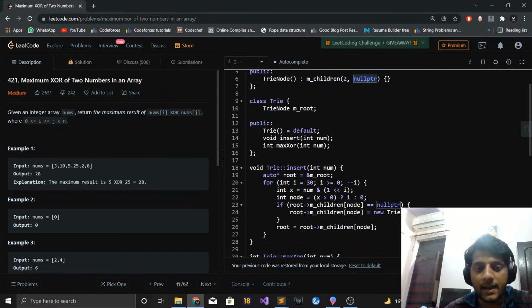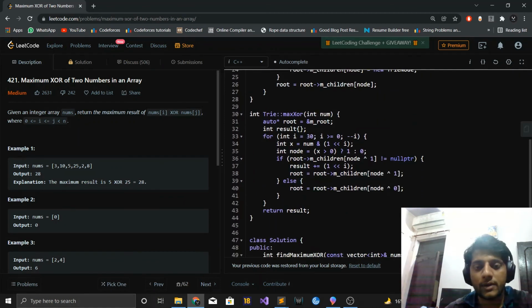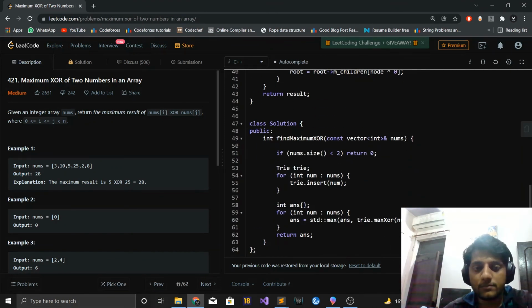And this is the trie class, so it has functions like insert and maximum XOR. Insert will insert the number in the trie, and maximum XOR will give you the maximum XOR. Now this was the function which we had to implement, which was there in the LeetCode code. What I have done is that I first check the edge case. If nums has size less than 2, then I will return 0, because we are interested in getting the maximum XOR for 2 integers in the array.